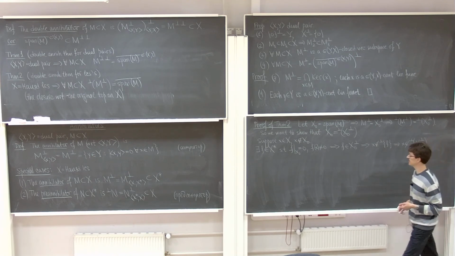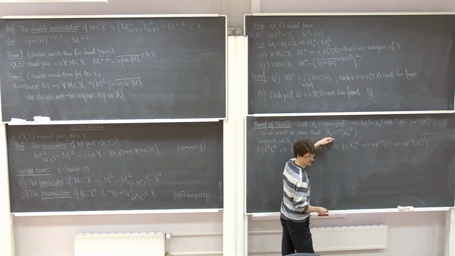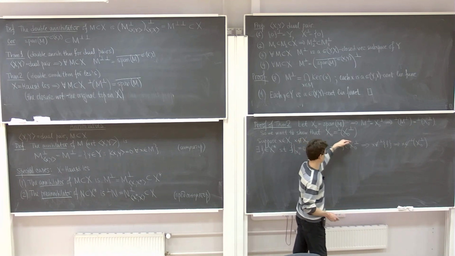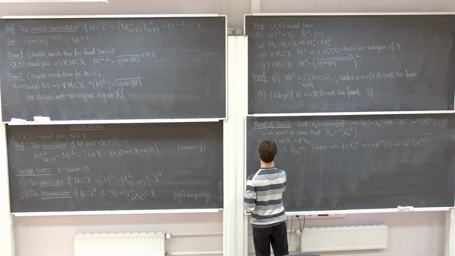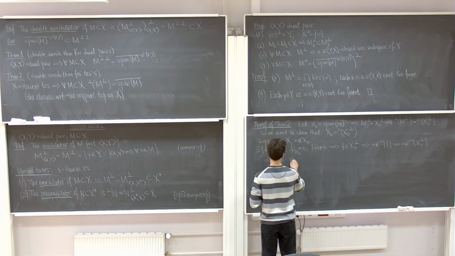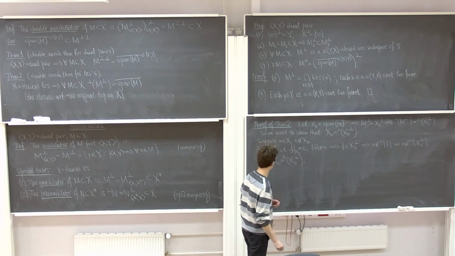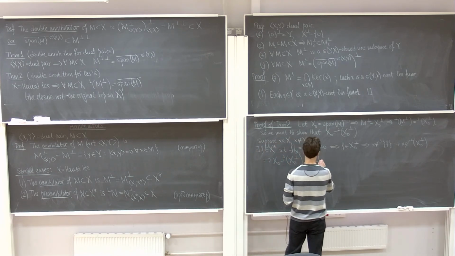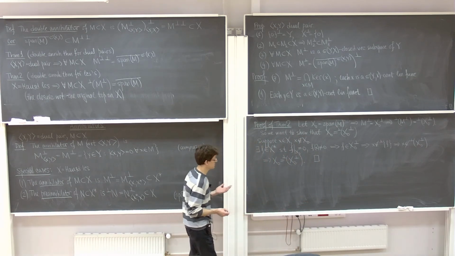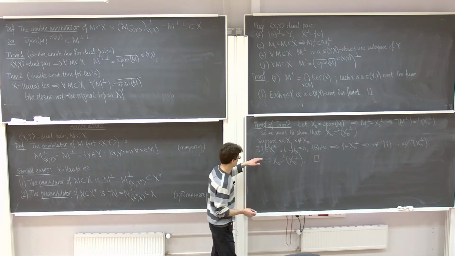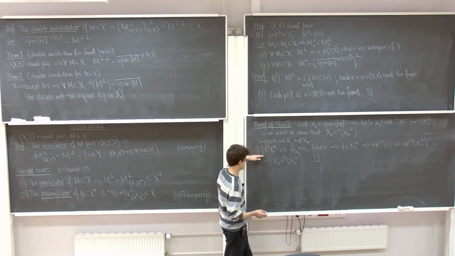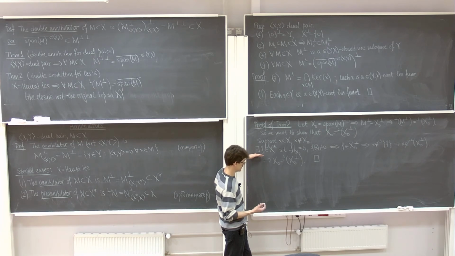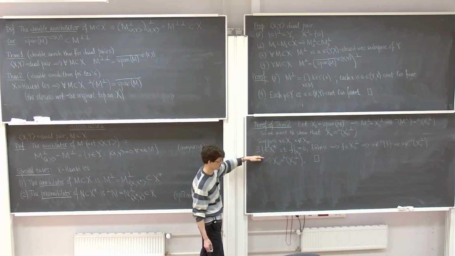So we have shown that if x is not here, then it is not here. So these two subspaces are the same. Okay, so this completes the proof of theorem 2. So we see that theorem 2 is essentially equivalent to the statement that closed vector subspaces and vectors which don't belong to the subspaces can be separated by linear functionals.